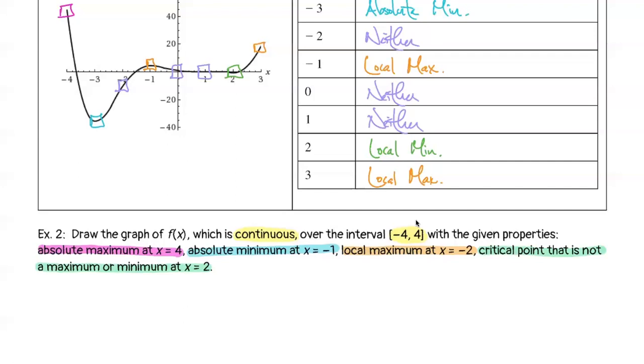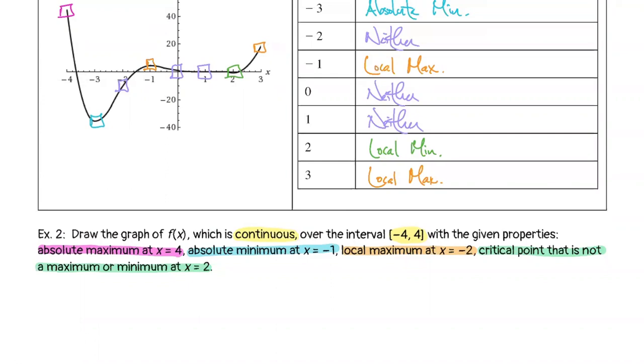Now, before I ask us to try drawing some of these, I'm going to define what I mean by a critical point. I'll type that in the chat so we have that to look at. A critical point is not a y-intercept. That's a good guess. A critical point is a point on a graph that has a slope of 0, but is not a maximum or a minimum.